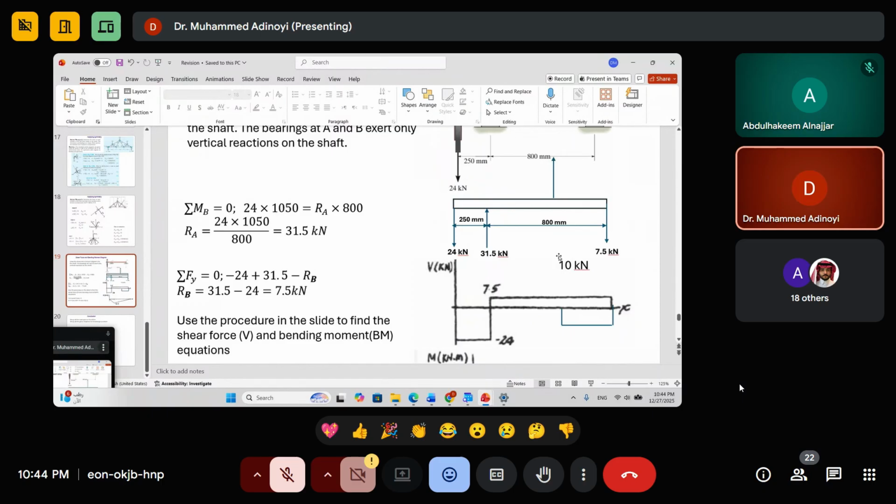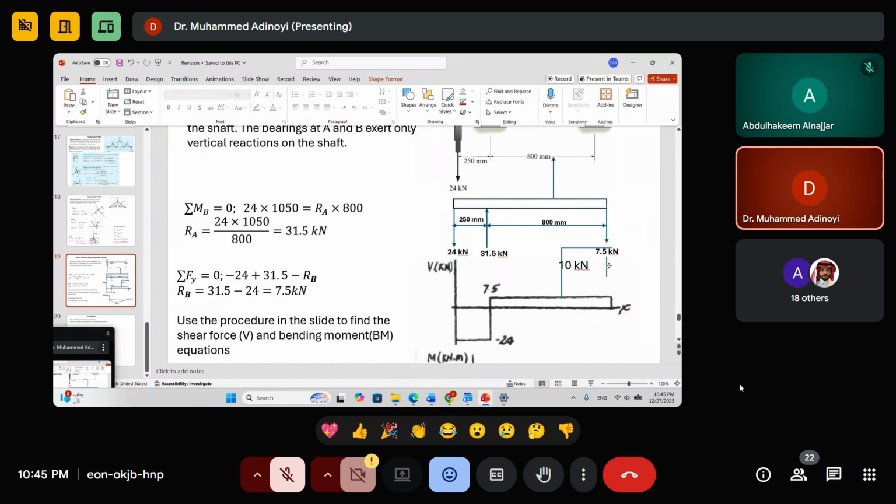So it means when you get to this point, this now becomes like this. If it was pointing in this direction, it becomes like this.